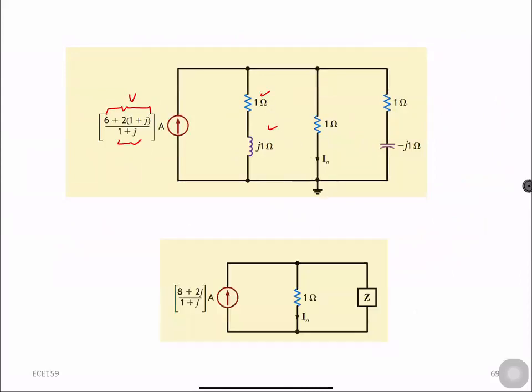Right? And simply when you solve this one, you can replace this one in this current source. You can simply make these two branches in parallel to each other, right? So when you make these two branches in parallel, you can simply find I naught using the current division law.